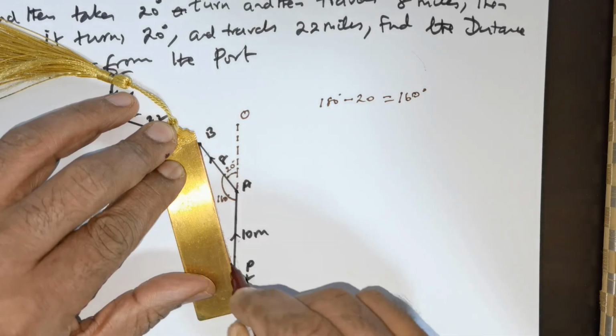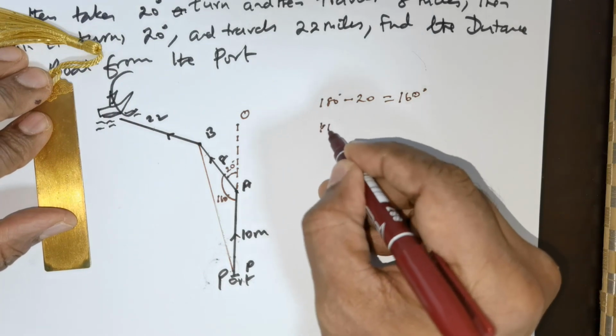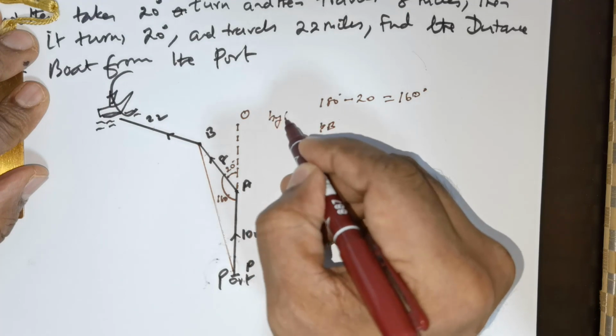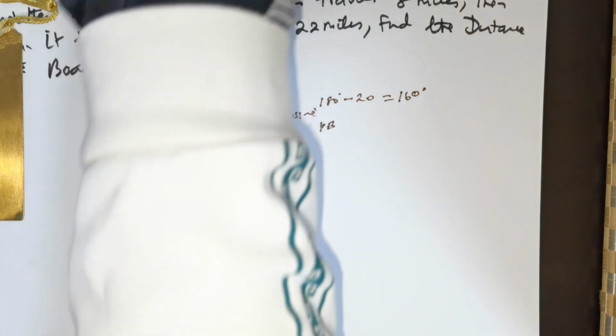Now let me find out this distance. So I want to know what is PB. So by cosine rule, what do we know from cosine rule?